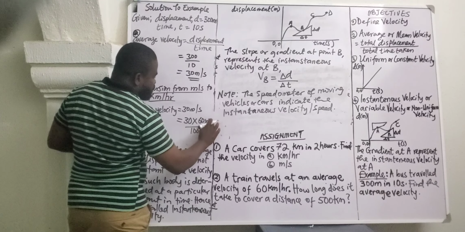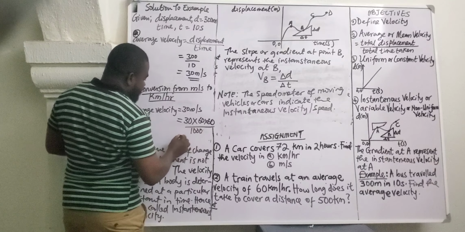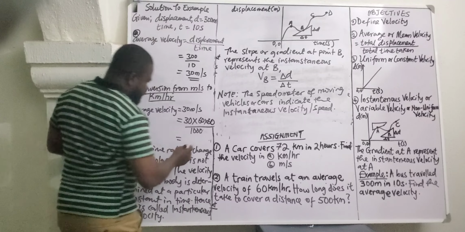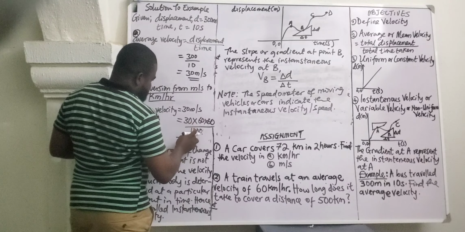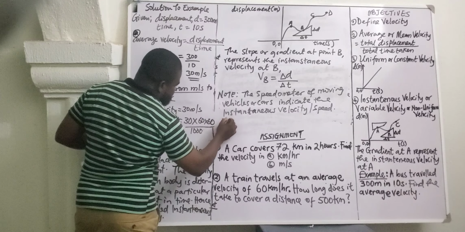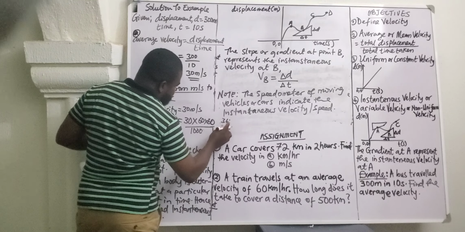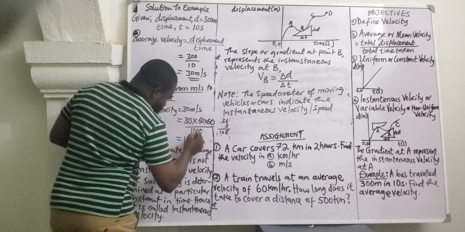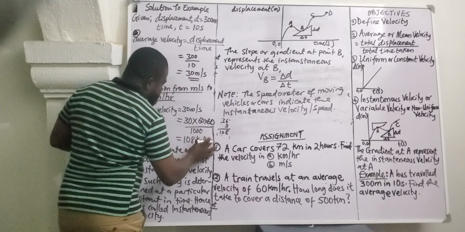So by multiplying by 60 times 60 and dividing by 1,000, I will convert it to what? Kilometer per hour. So this zero cancels this zero, this zero cancels this zero, this zero cancels this zero. So I have 36 multiplied by 3. So 36 times 3 will give me 108. So I have 108 kilometer per hour. Do you see that?